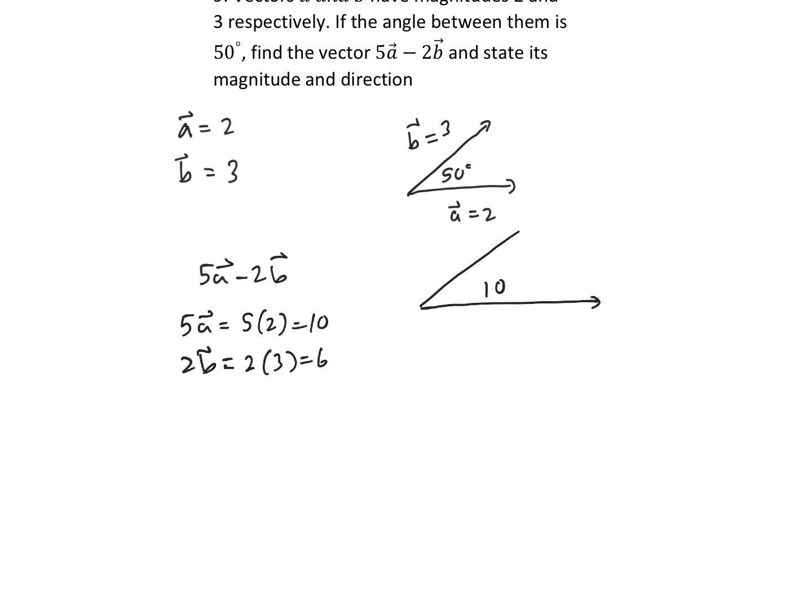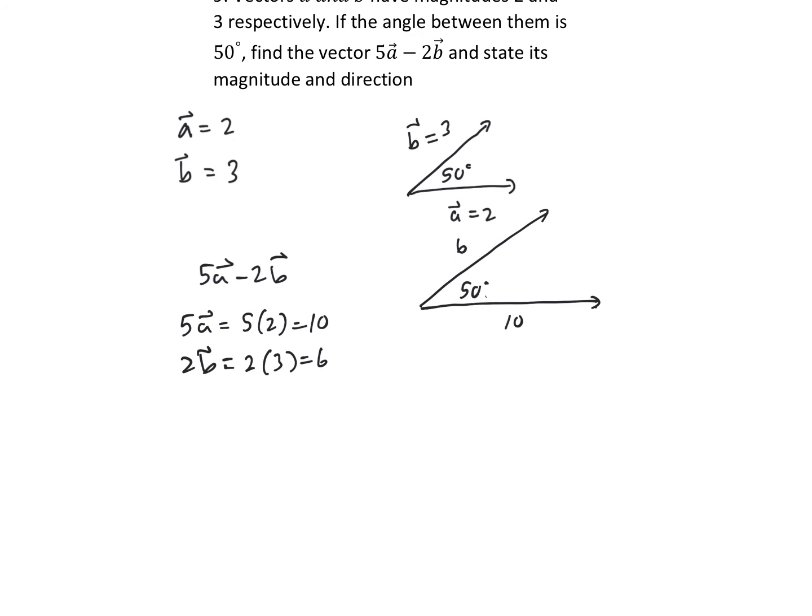So the first thing I'm doing is the scalar. I'm going to multiply a by 5, which makes it now 10, and b by 2, which now makes it 6.